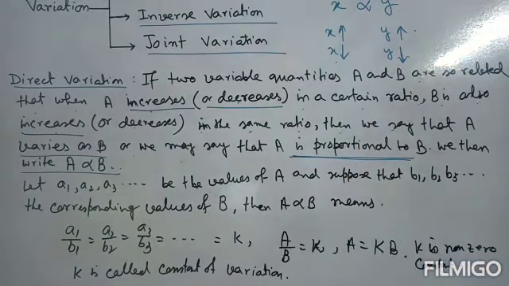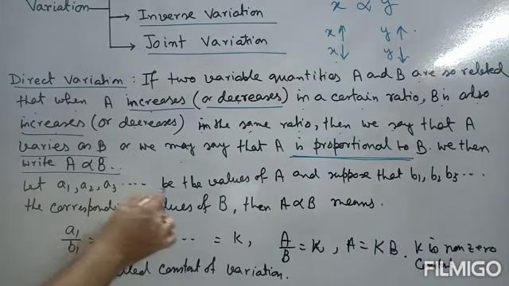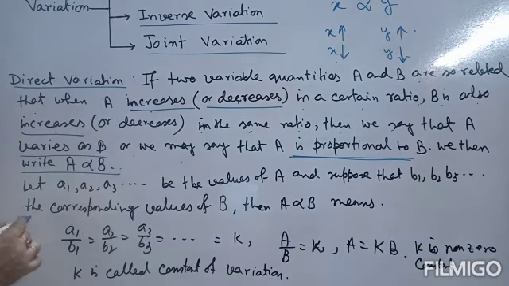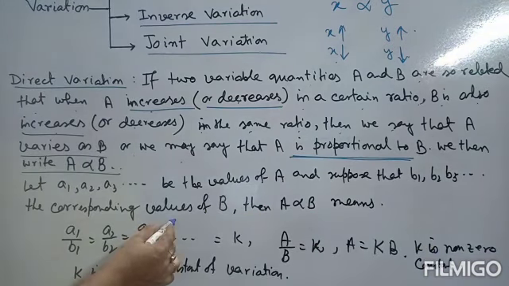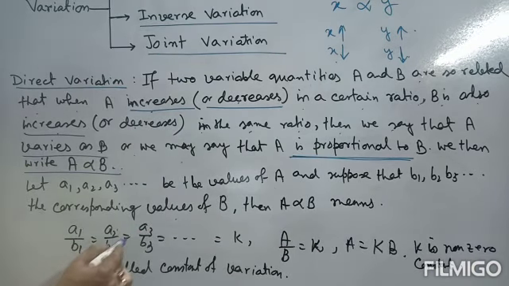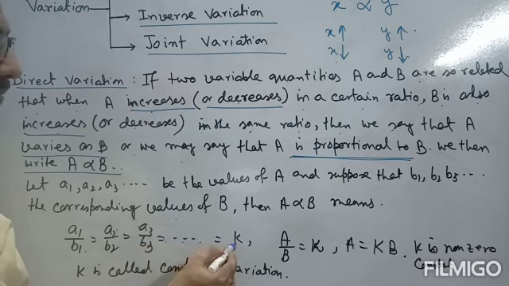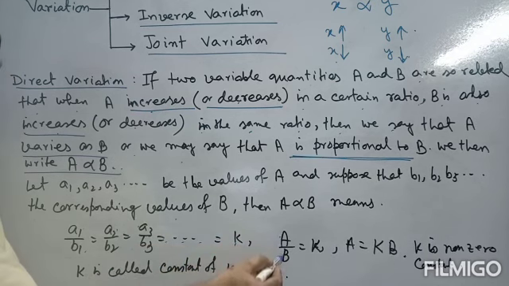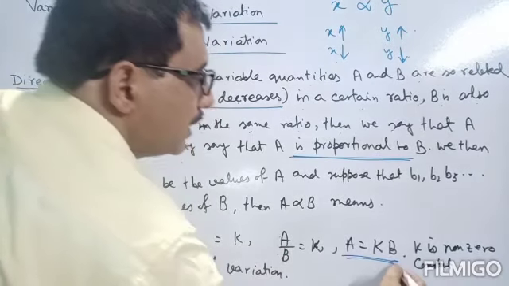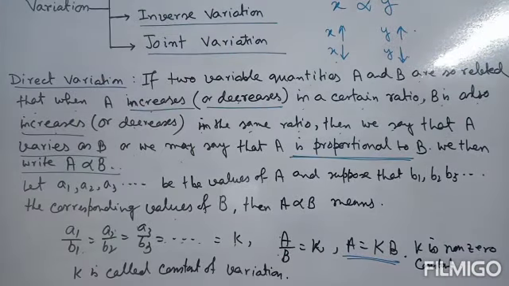Now let A1, A2, A3, ..., An be the values of A, and suppose that B1, B2, B3 are the corresponding values of B. Then A varies as B means A1 by B1 is equal to A2 by B2 is equal to A3 by B3 in this way. Suppose this is k, that means A by B is equal to k, that means A is equal to Bk, where k is a non-zero constant.